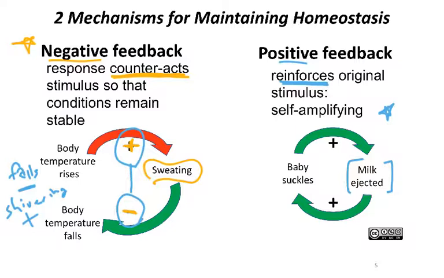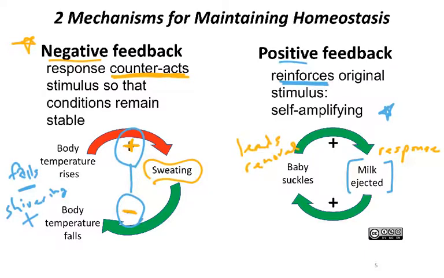And it's a self-amplifying cycle. Now, the reason why this is not a pathological or disease-causing positive feedback mechanism is that eventually the response leads to removal of the stimulus.